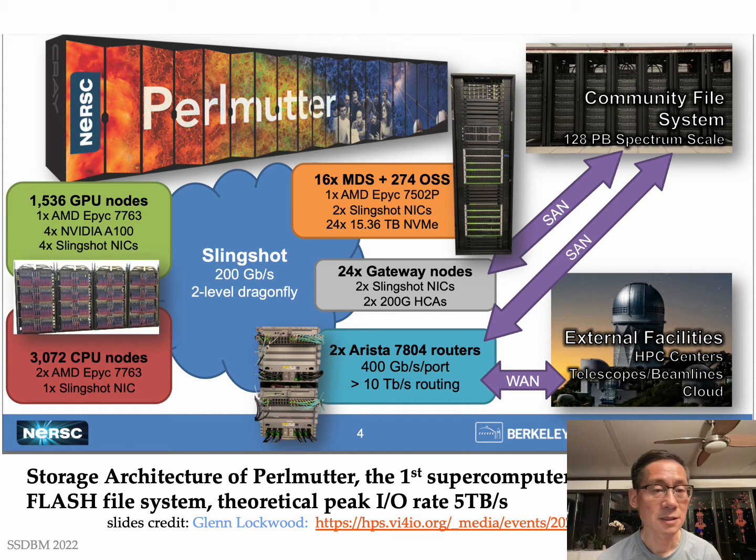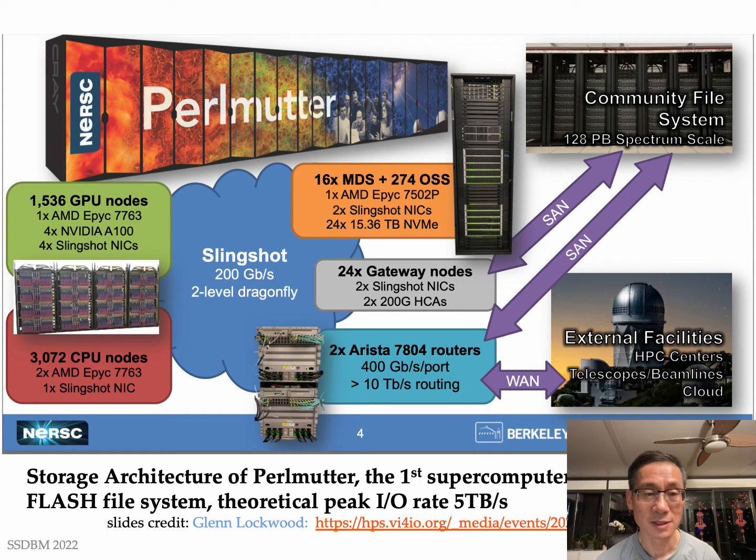What makes our flash storage system interesting is that in Perlmutter we have the very first supercomputer with an all-flash file system. And we all know that an individual flash device has higher I/O bandwidth than a typical spinning disk, and it also has a shorter access latency than a spinning disk.